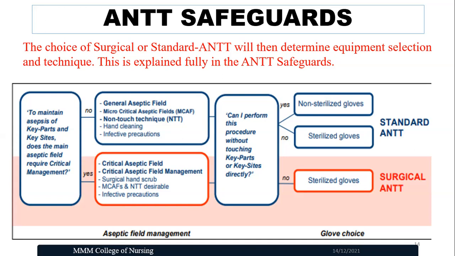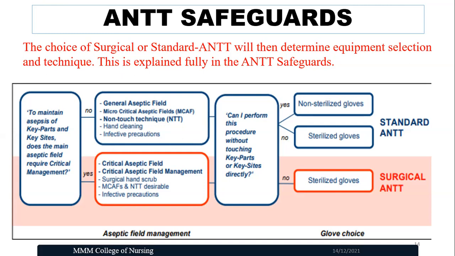That is, when we use the larger part of the skin, like making the open incision during the surgery, or the intravenous central line placement, or any invasive surgery with a large open wound, which demands a large aseptic working area, then we need to cover that area with sterilized or aseptic covers or wrappers. That is called the critical aseptic field.